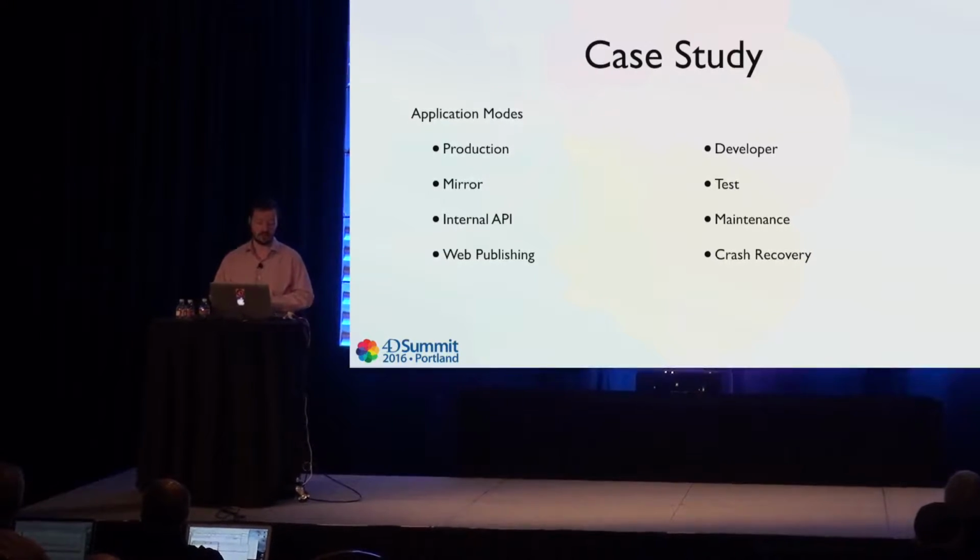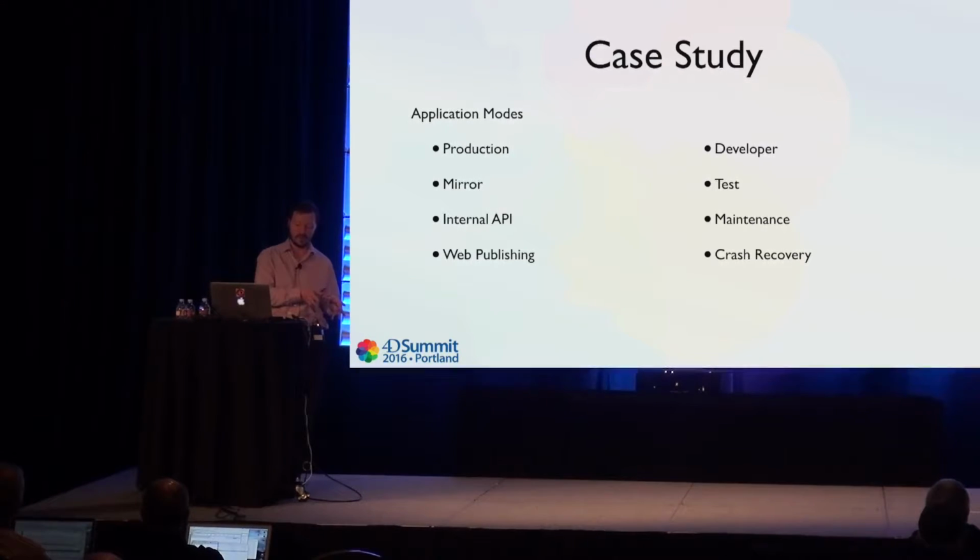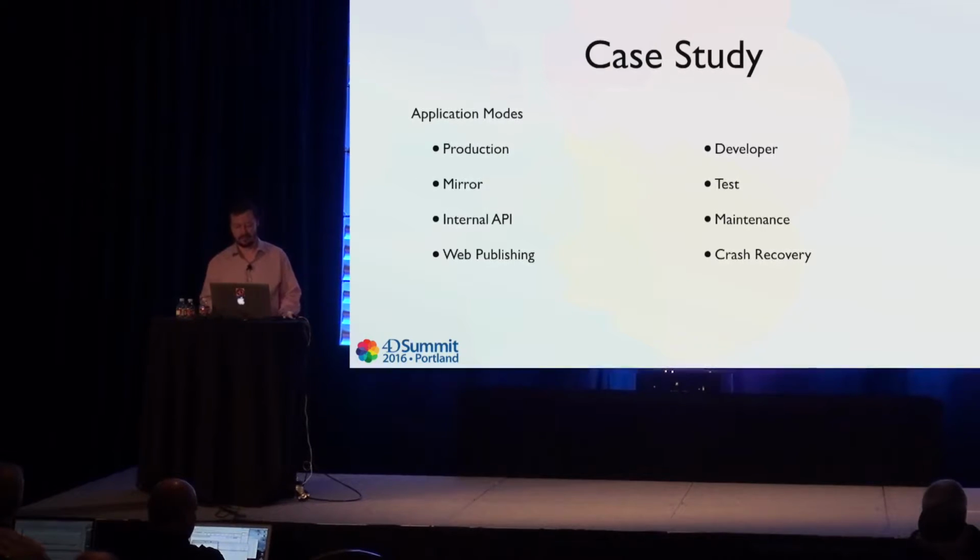We have an internal SOAP API, a web publishing mode, which exposes only a certain portion of fields and a certain portion of records via an API to the outside world. And then other, obvious modes like developer, test, maintenance, and crash recovery, which all manage access to data and functionality that is controlled by those modes and are handled appropriately.